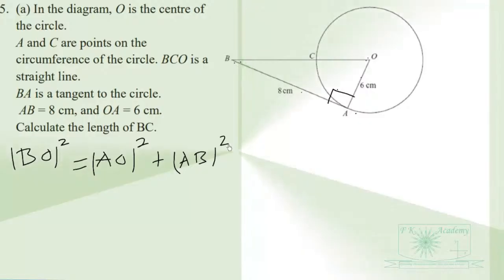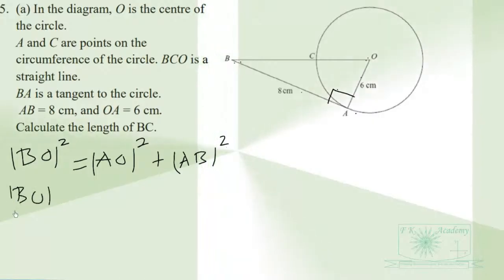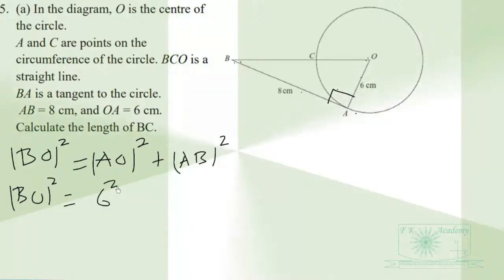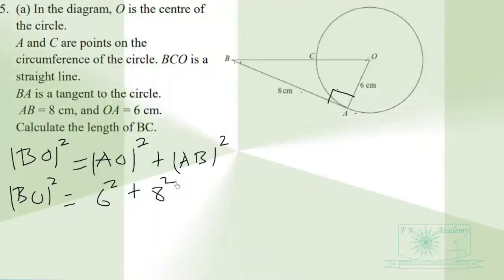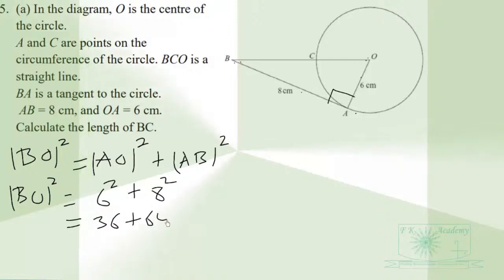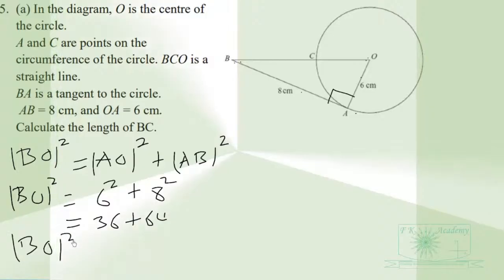So BO squared will be equal to AO, which is 6 centimeters squared, plus AB, which is 8 centimeters squared. So this will be equal to 36 plus 64. So BO squared will be equal to 100.